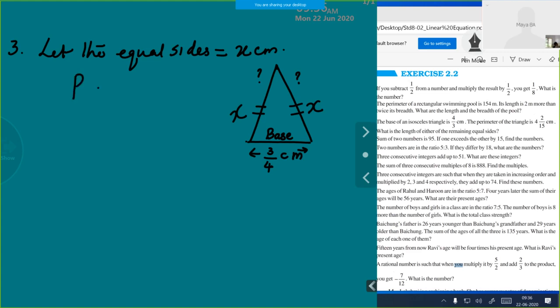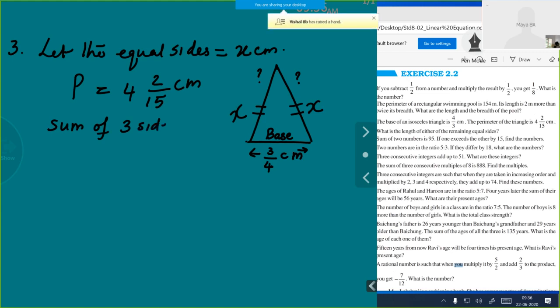So perimeter is given as 4 and 2/15 centimeter. As we discussed, perimeter means sum of the 3 sides. So, step 2: sum of 3 sides is 4 and 2/15.